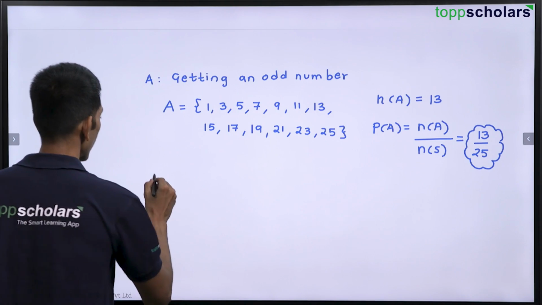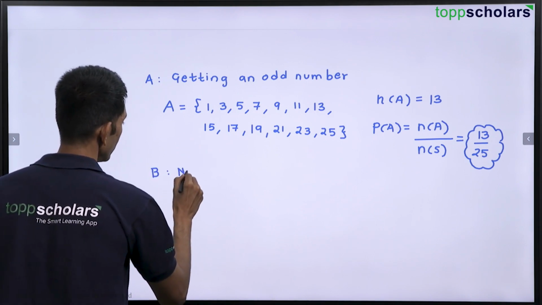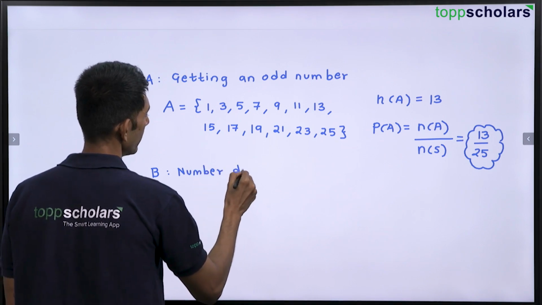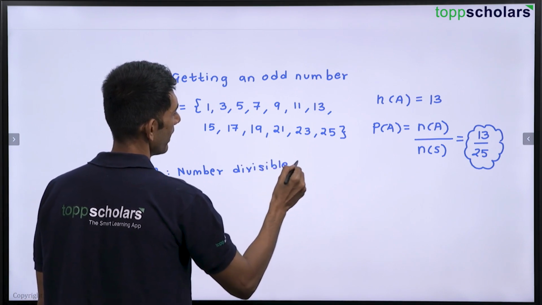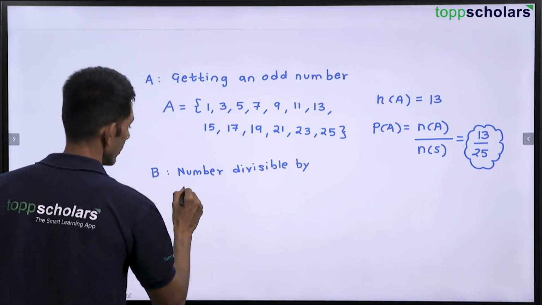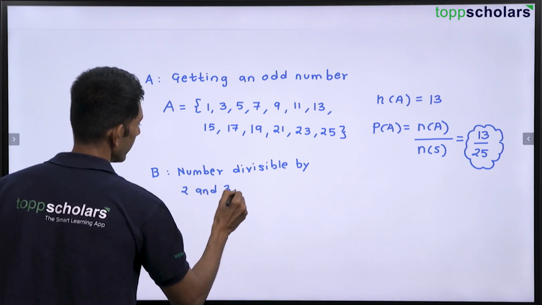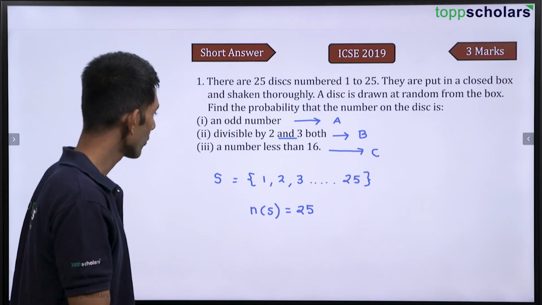So event B is what? B is an event of a number divisible by 2 and 3. See, the number should be divisible by 2 also, the number should be divisible by 3 also.